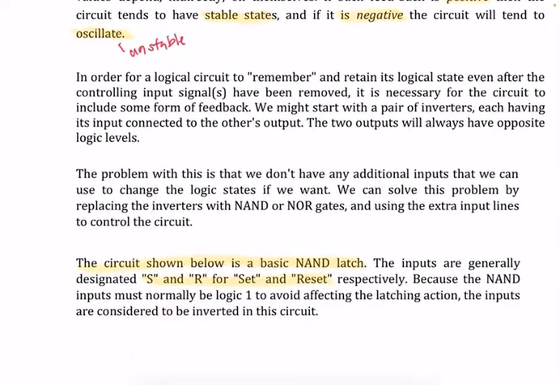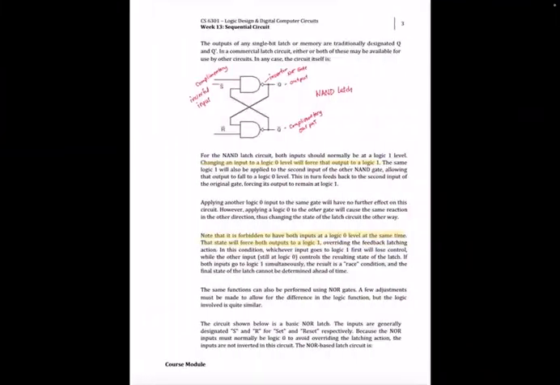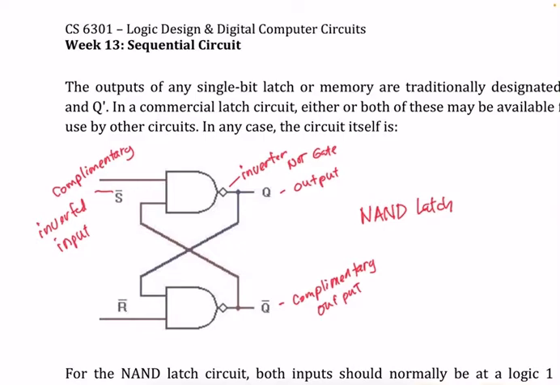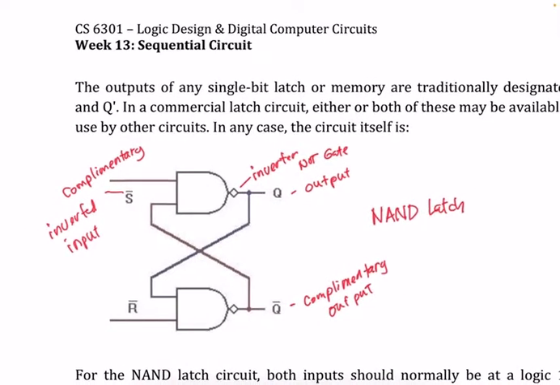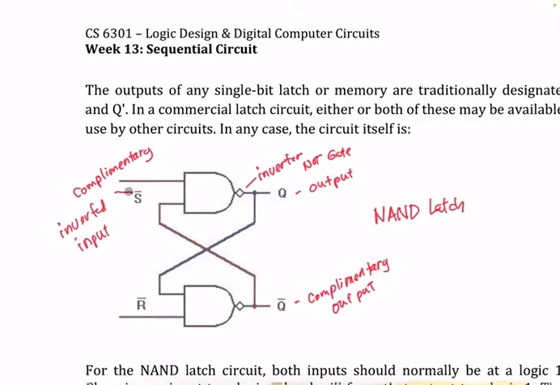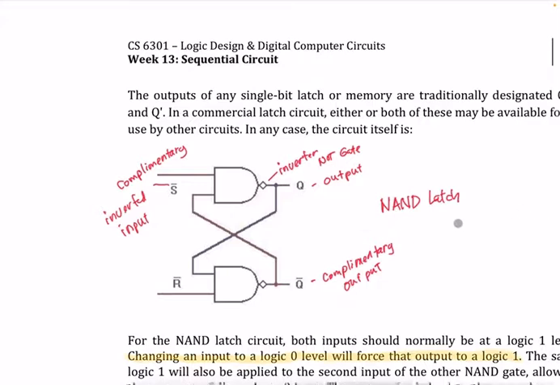So the circuit shown below is a NAND latch. The inputs are generally designated S and R for set and reset. Okay, so we go now with the figure, no? So ito yung ating latch. Okay? So we have this set as complementary. Ito yung NAND latch to, no? So ito yung complementary ni set, complementary ni reset.